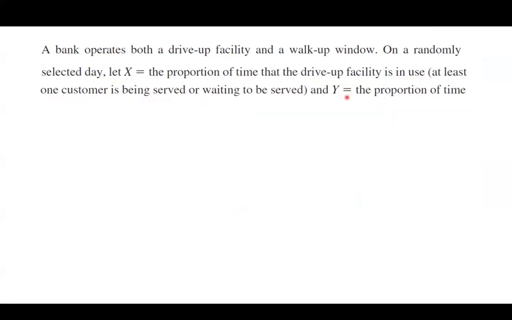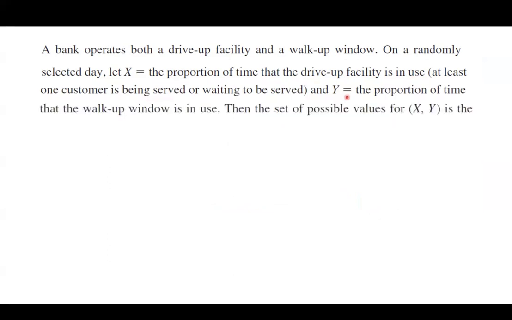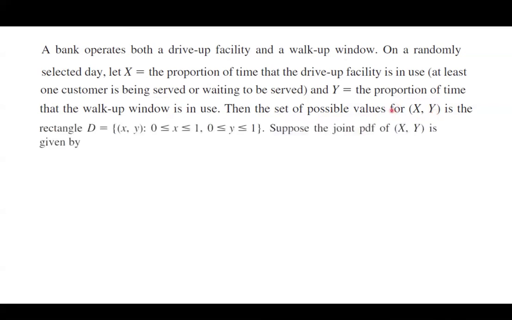And y, the second variable, is the proportion of time that the walk-up window is in use. Then, the set of possible values for x and y is the rectangle D, which is the set of all x and y's such that x is bounded between 0 and 1, y is bounded between 0 and 1.